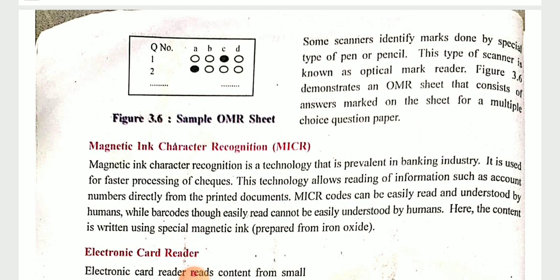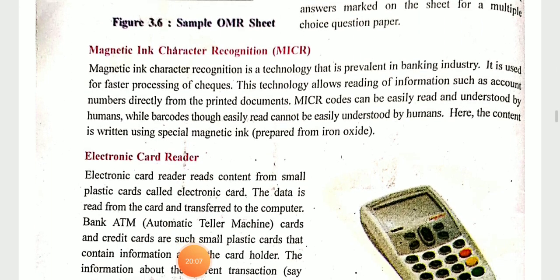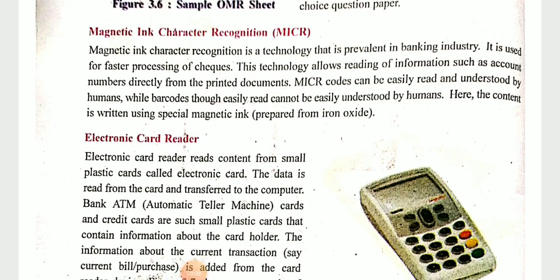Then next is MICR. The full form of MICR is magnetic ink character recognition. Magnetic ink character recognition is a technology that is prevalent in the banking industry. So MICR is used in the banking industry for faster processing of checks.